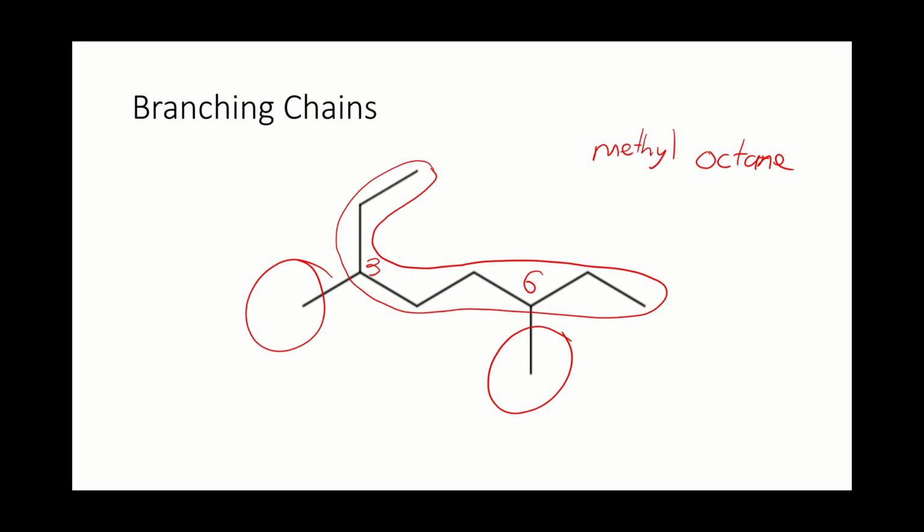But we don't have just 1 methyl group anymore. We have 2 methyl groups, one at carbon number 3 and another at carbon number 6. So that's 3, 6 dash. And then we use the same prefixes that we use for things like double bonds, di, tri, etc. So we're going to call this dimethyl octane. So 3, 6 dash dimethyl octane.